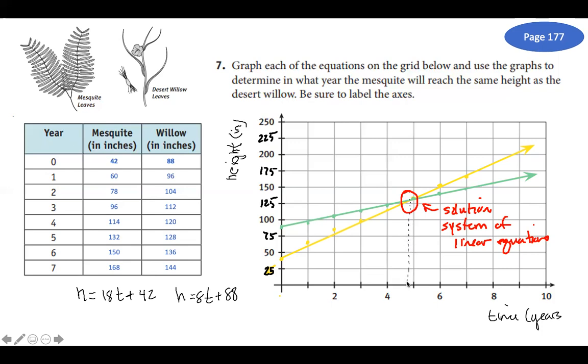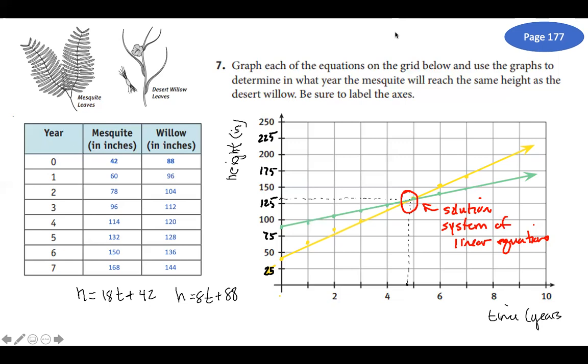On our graph, that has exactly the same height. And that is the solution to this system of linear equations. I don't know exactly what it is. I know it's approximately maybe 4.8. And the height of both trees, when they were the same height, is going to be around, I don't know, 130-ish. Okay?